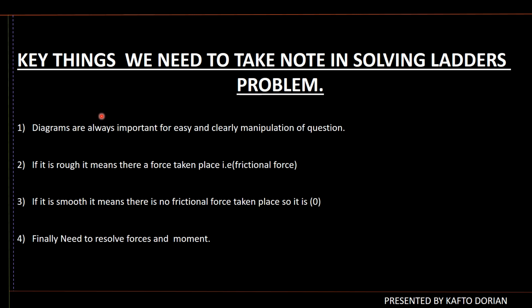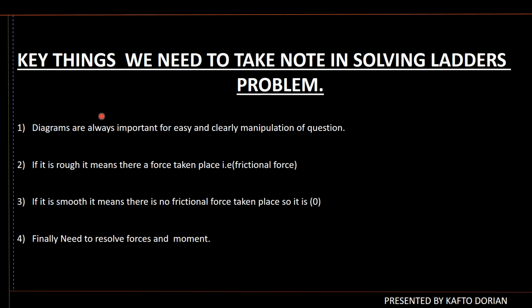The second point is that when a question mentions that the ladder is resting on a rough horizontal ground, it simply means that the force taking place in that direction is a frictional force.